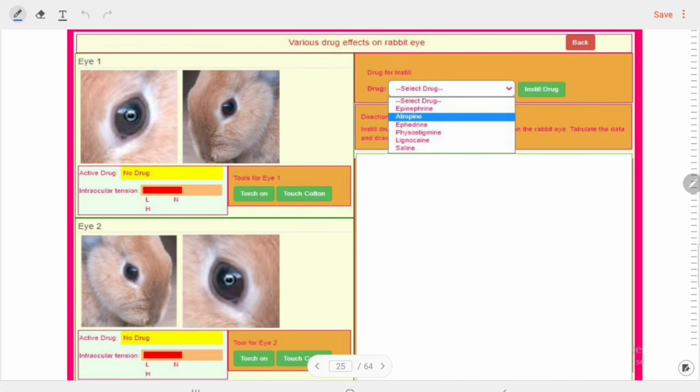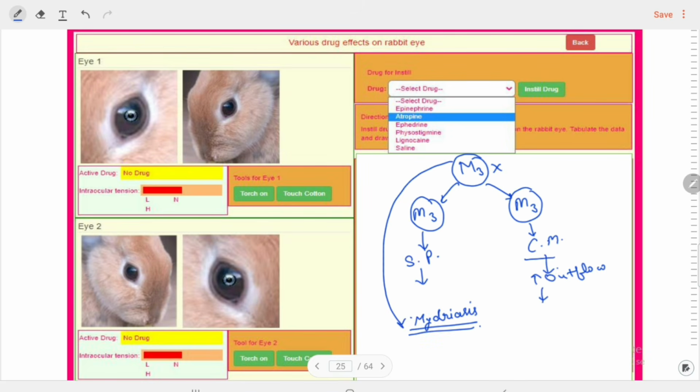Now another drug, that is atropine. Now look at the effect of atropine on the pupil size, intraocular tension, light reflex, and the corneal reflex. We already know the effect of atropine occurs by the blocking of the M3 receptors, and M3 receptors are present in the sphincter pupillae muscles, and also in the ciliary muscles.